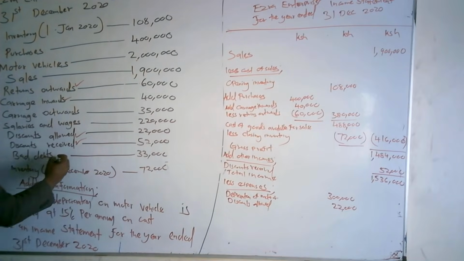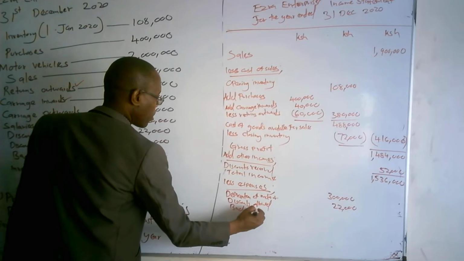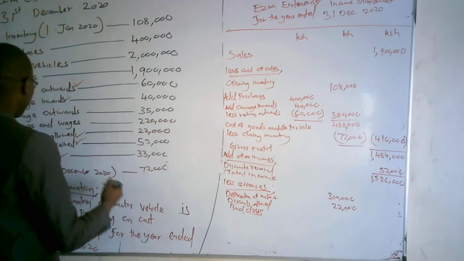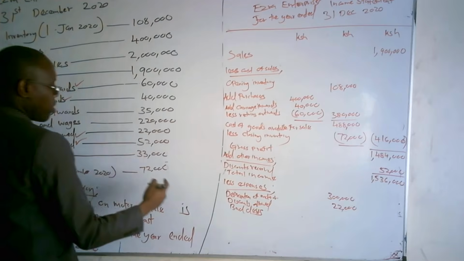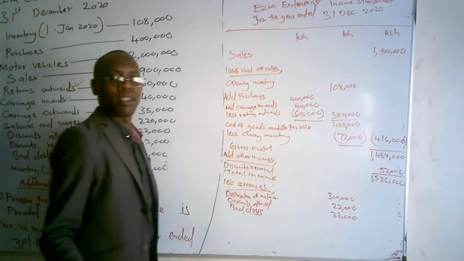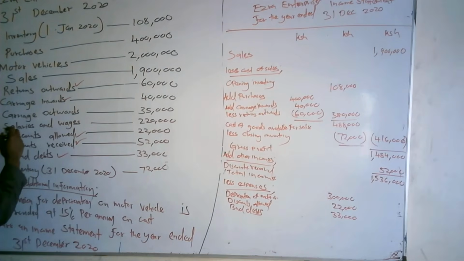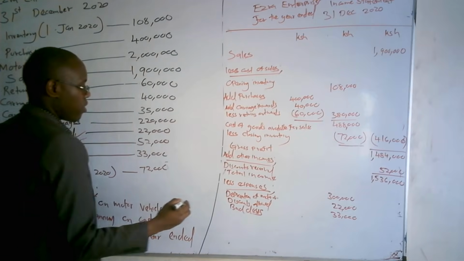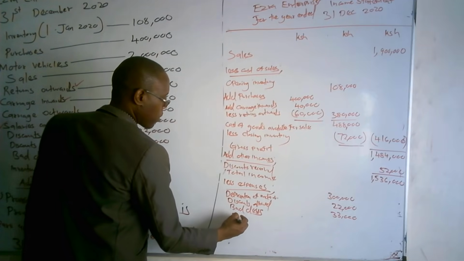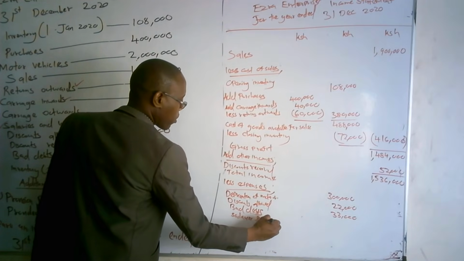And then of course we have bad debts. These bad debts, you can see, is 33,000. So you capture it there, that 33,000. And then we can see that we have salaries and wages.